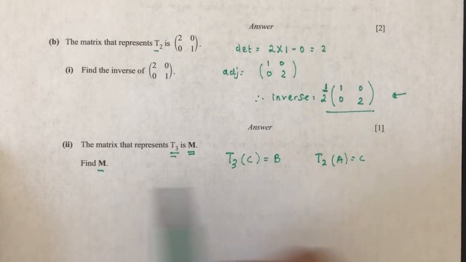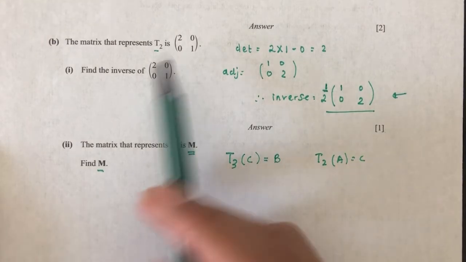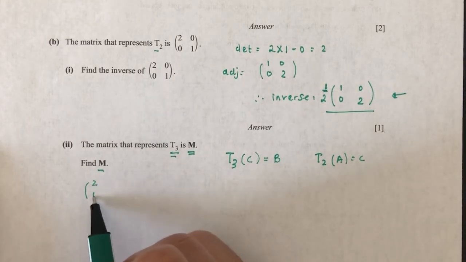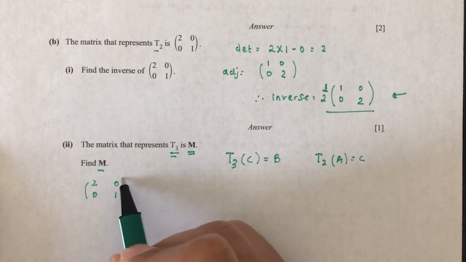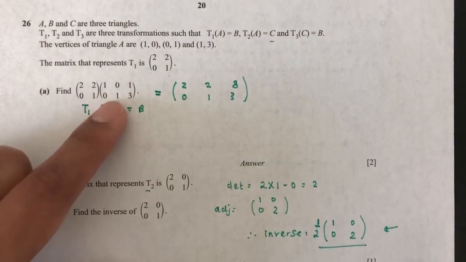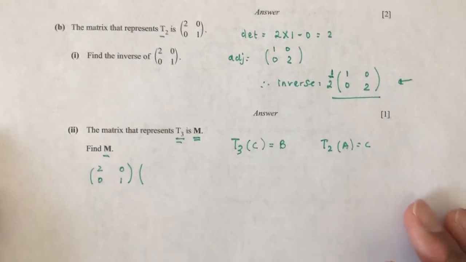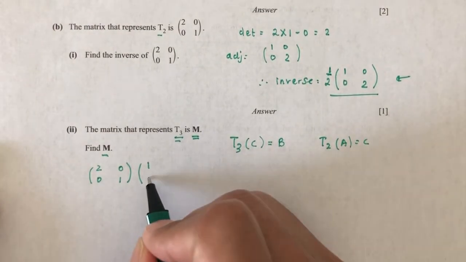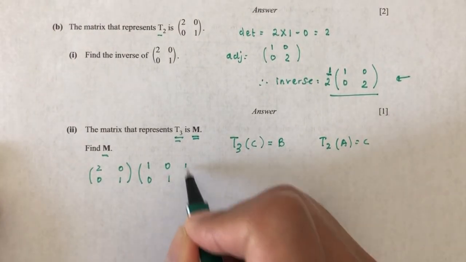Let's find that. T2 is this matrix given to us: 2, 0, 0, 1, times A, which is given to us as well. It is on top, which is this one. So A will be 1, 0, 0, 1, 1, 3.